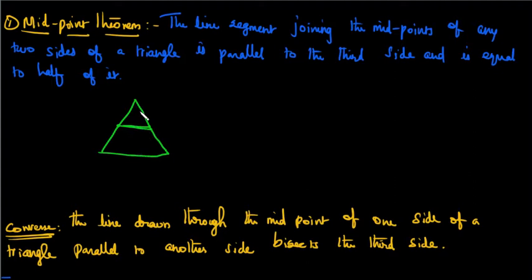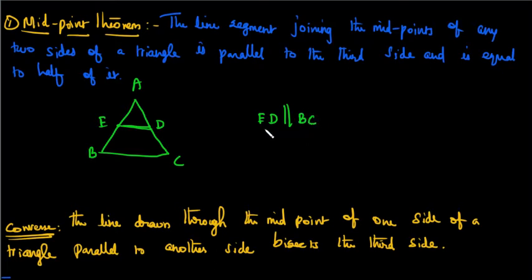That means I can name it A, B, C. Let's give names for this triangle, and I'm going to give a name for this line segment also. So they are telling ED is parallel to BC.